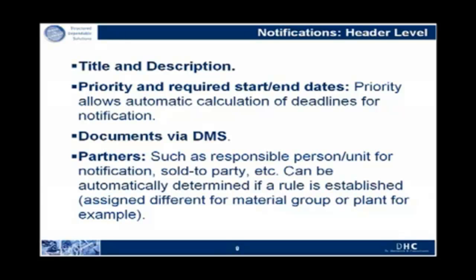Any document associated with the notification via the document management system can also be assigned here, and any partners involved in the processing of the notification, such as any particular departments that have been decided upon, the sold-to party, or a coordinator for the whole notification, can also be placed here.